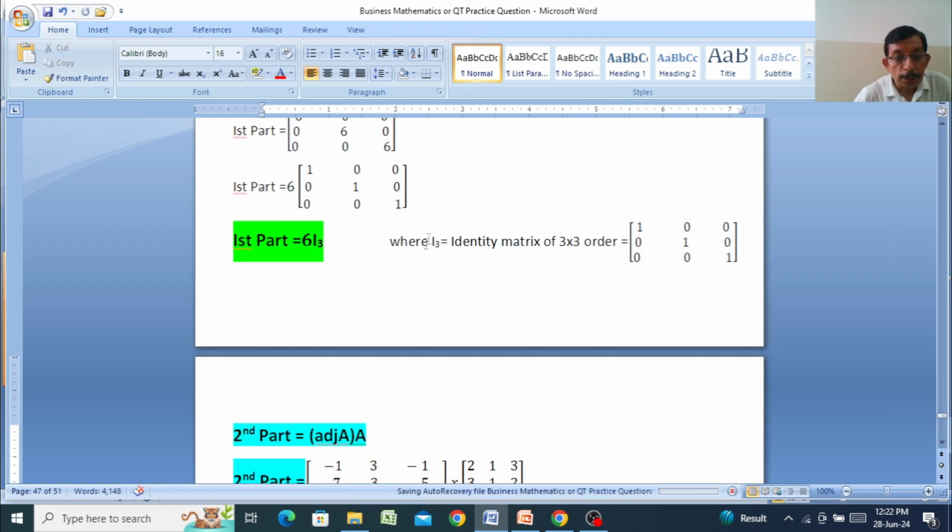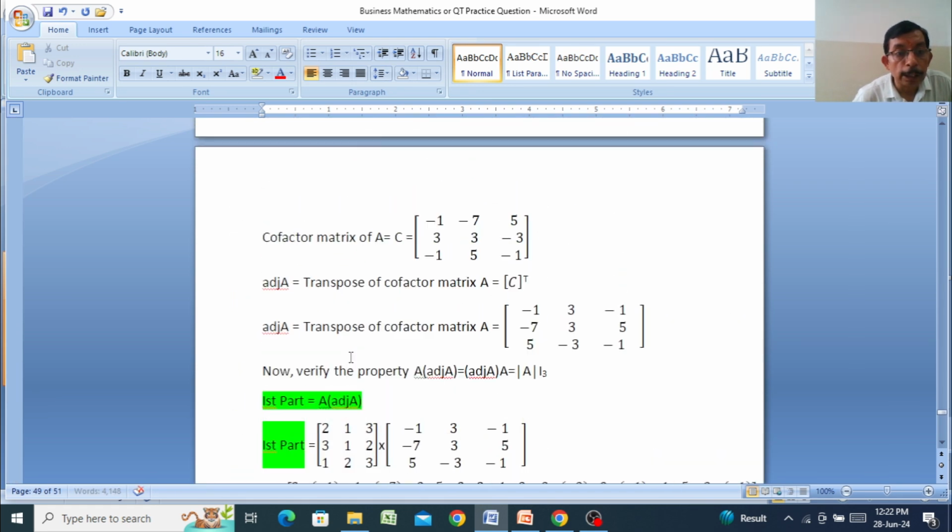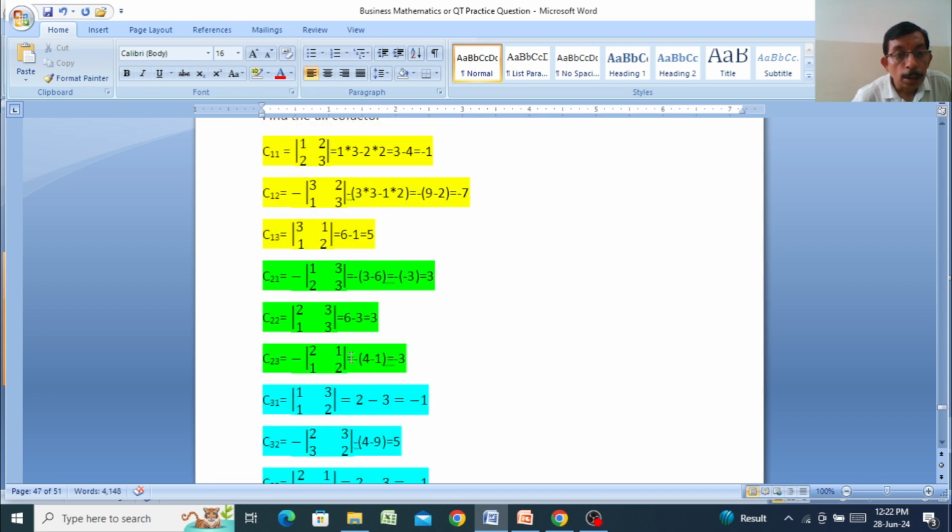Put -1, plus A12 is equal to 1 and the corresponding cofactor C12 was calculated earlier.